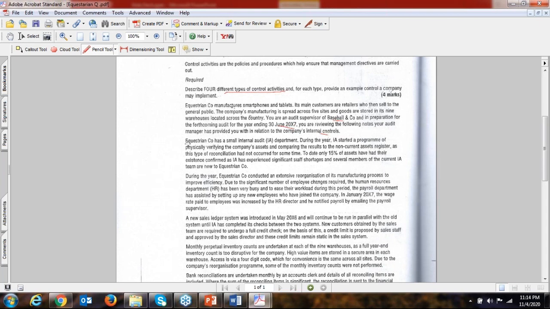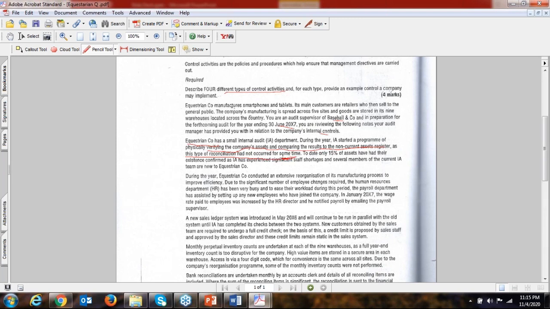Now, here the question comes. Equestrian company has a small internal audit department. During the year, internal audit started a program of physically verifying the company's assets and comparing the results to the non-current assets register, as this type of reconciliation had not occurred for some time.